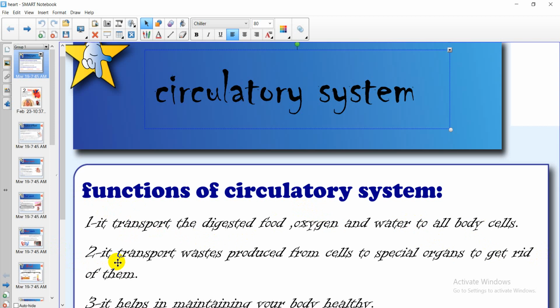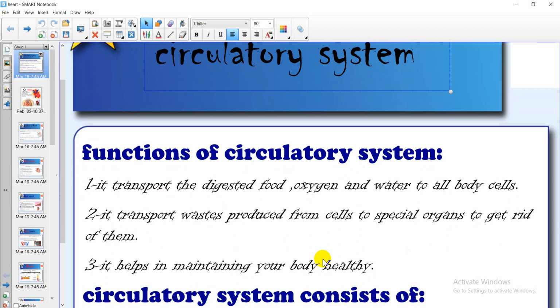It can also transport wastes produced from the cells to special organs to get rid of them outside our body. Number three, it helps in keeping your body healthy, because we transport the digested food, oxygen and water to all body cells, so my body will be healthy.